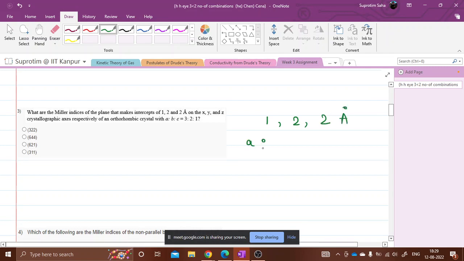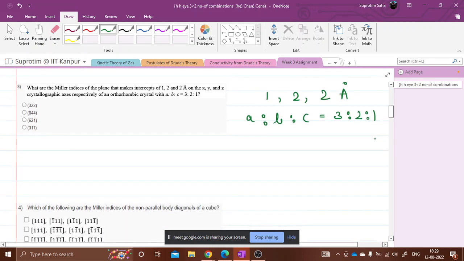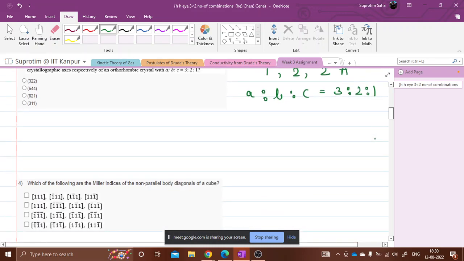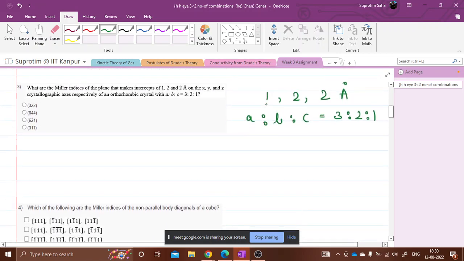And A times B C is 3, 2, 2. So this is now Miller indices. We have to have that intercept in terms of this crystallographic axis. So that will be 1 by 3, 2 by 2, and 2 by 1.